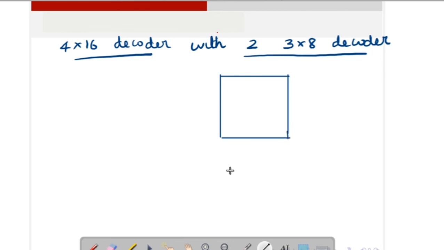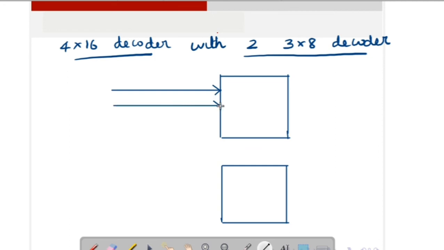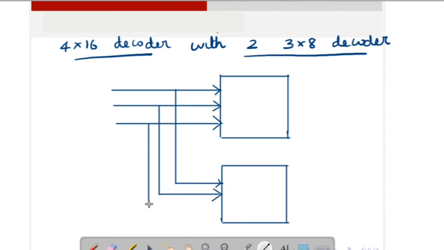So this is the first 3/8 decoder. Then the second 3/8 decoder. So 3 inputs for both decoders. First, second, third. For the second decoder also, first input, second input, then third input. Then one enable input for both of them.